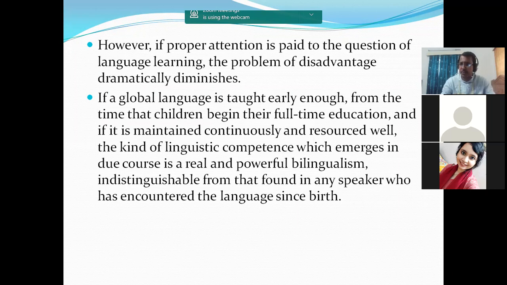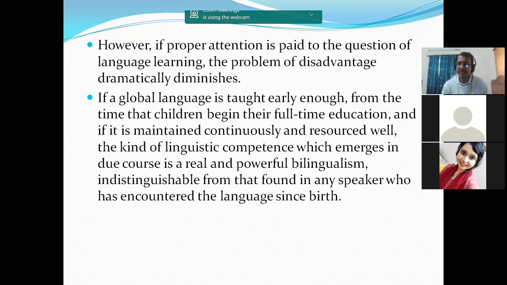So how and when we will be learning the second language in our life? Here, the researcher has said that, yes, if we can start learning second language early in our life, that means when we will be starting the regular education in school.